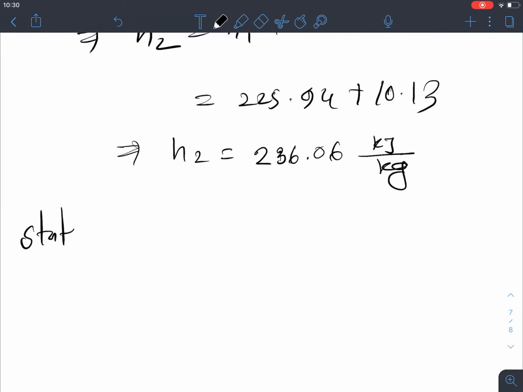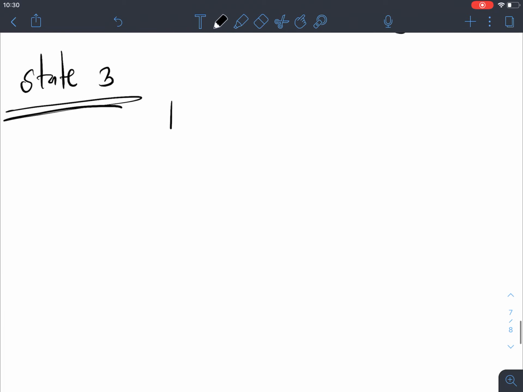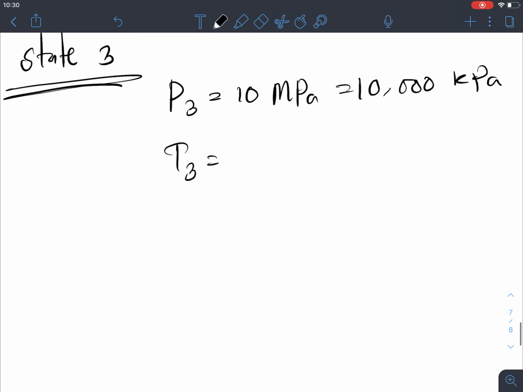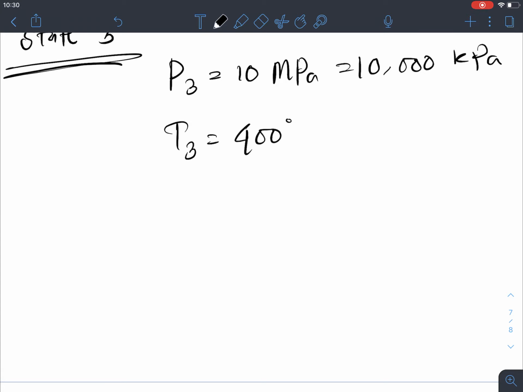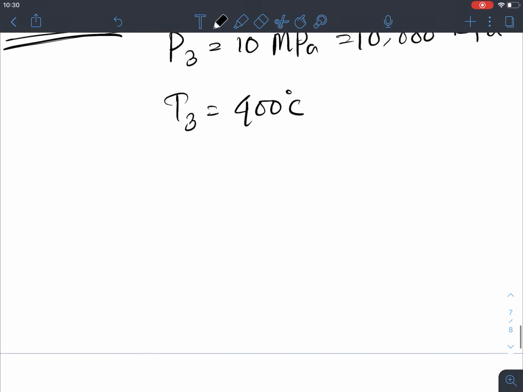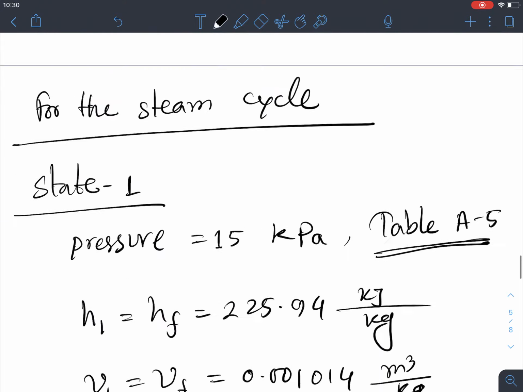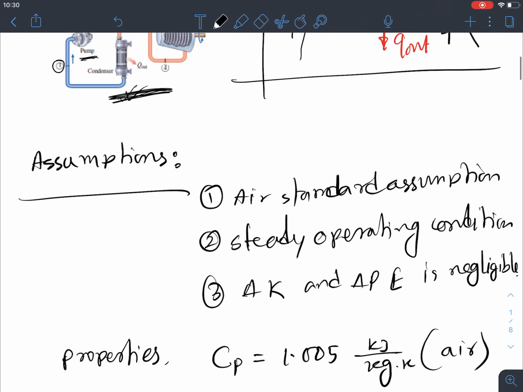Now let's move on to state 3. At state 3 we have the pressure, which is 10 megapascal, or 10,000 kilopascal, and then we also have the temperature T3, which equals 400 degrees Celsius. Is it 400 degrees Celsius or Kelvin?